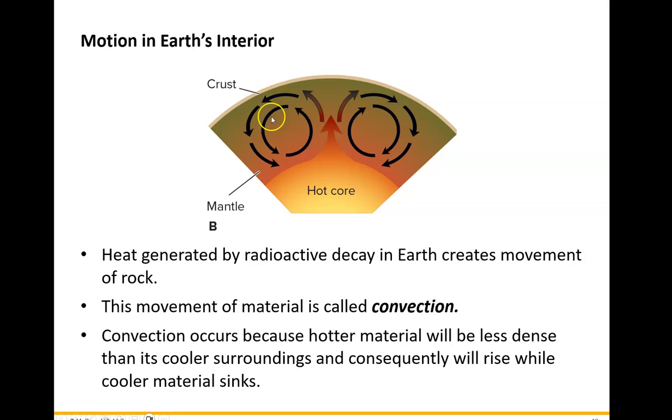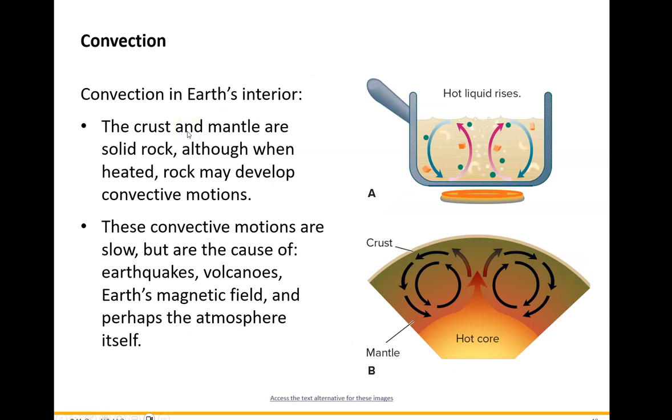And that happens with the Earth as well. These convection currents rise up through the magma, and sometimes will go all the way up into the crust. Of course, sometimes it does that violently. There's shaking, and that's one of the things that can cause earthquakes.